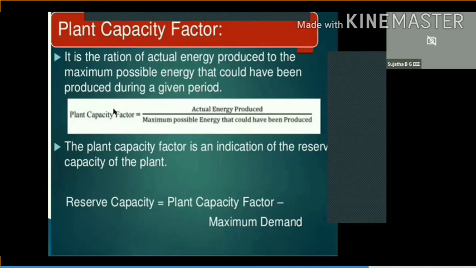So plant capacity factor is equal to the actual energy produced as per the demand divided by the maximum possible energy that could have been produced. So it is an indication of the reserve capacity of the plant, which is equal to plant capacity minus maximum demand. These are the standard definitions you have to understand.